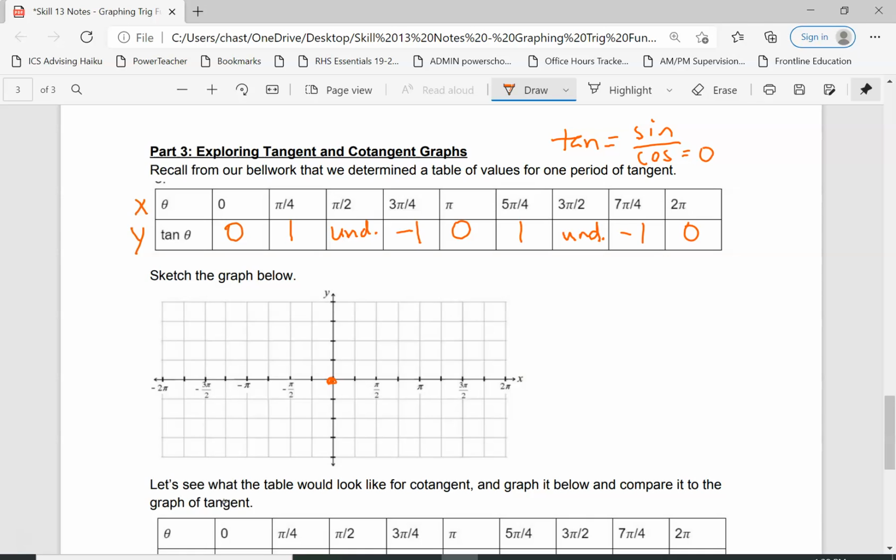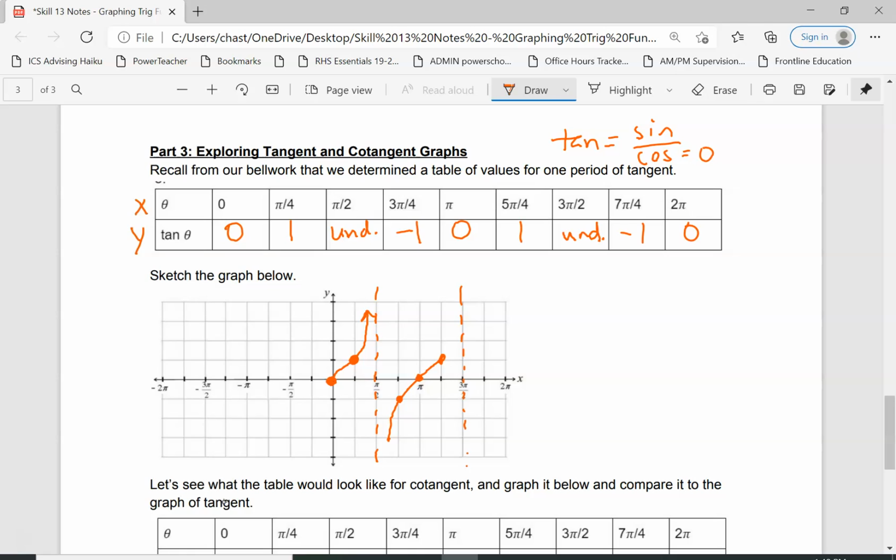All right, what does this look like when I graph it? So I have the origin. I have at pi over 4, 1. Pi over 2, undefined. So it looks like it kind of does this. 3 pi over 4, -1. Pi, we get 0. 5 pi over 4, 1. Oops, 3 pi over 2 is undefined.